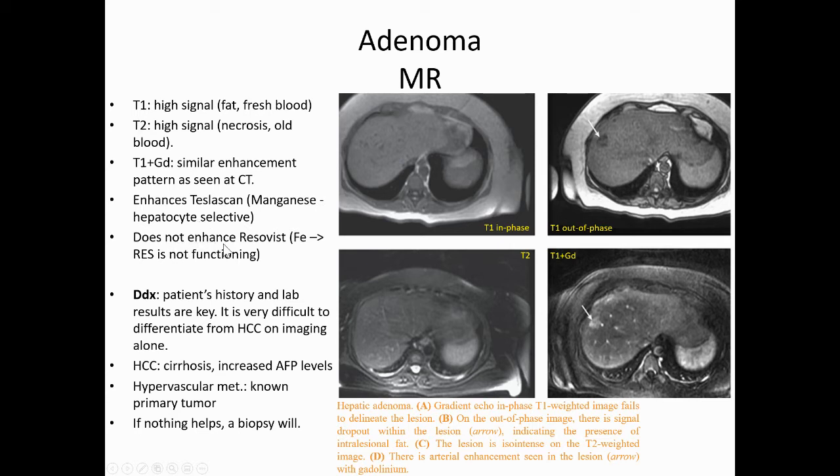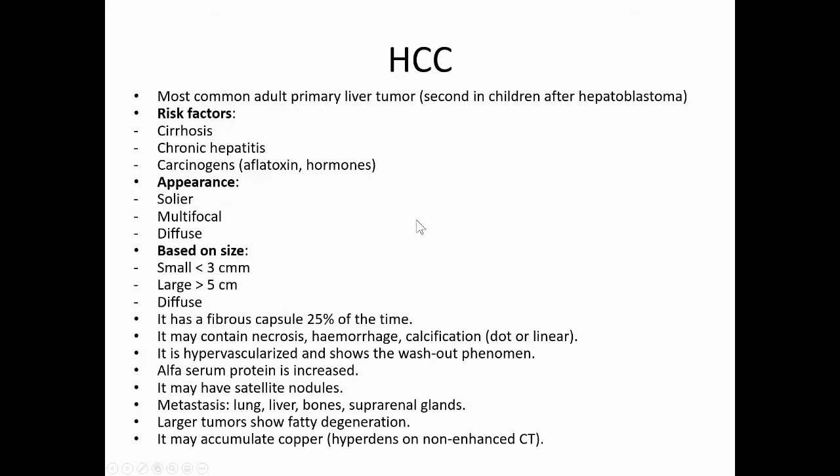However, they will not enhance with iron oxide because even though RES is present in these lesions, they are not functioning. The one problem with an adenoma is that it's sometimes very difficult to differentiate it from an HCC. The patient's history and presence of cirrhosis and increased alpha-fetoprotein levels can help you, but if nothing does, then you can just perform a biopsy.